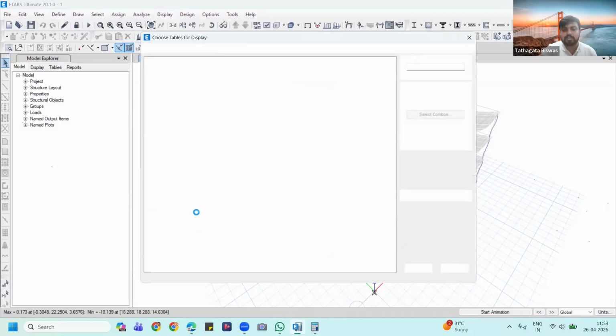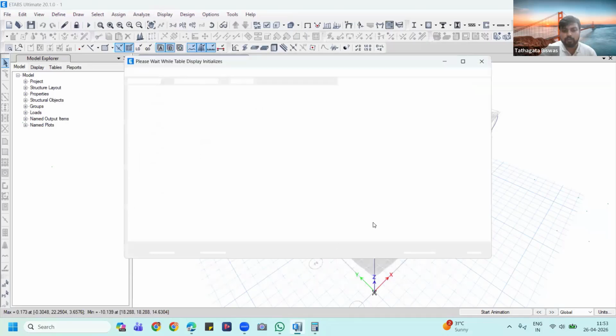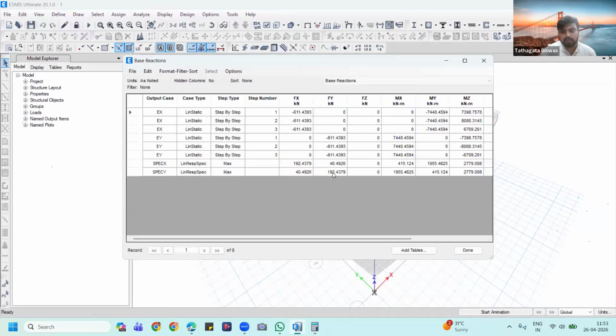The dynamic base shear value always comes as lesser, as you can see. 192 is coming, and this is coming as 611. So it is quite a bit lesser. Now what you need to do is match the base shear, which is called scale factor calibration. Whatever the EX value is, divided by the Spec X value, multiplied by the existing scale factor.